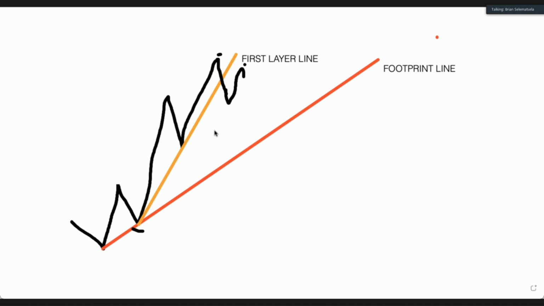So for those who don't know what the crossover is, in the stochastic there are two lines. Let me show.